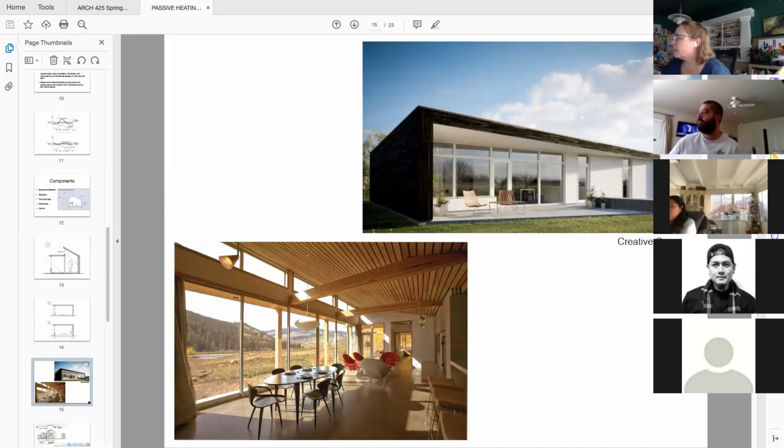So, south-facing facade with your aperture, your glazing, the roof overhang, which is your control mechanism.